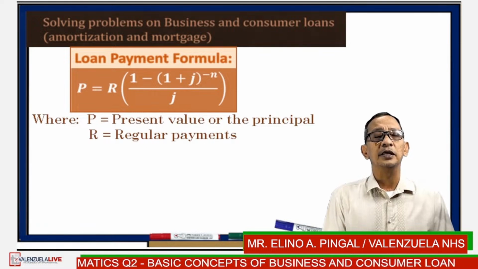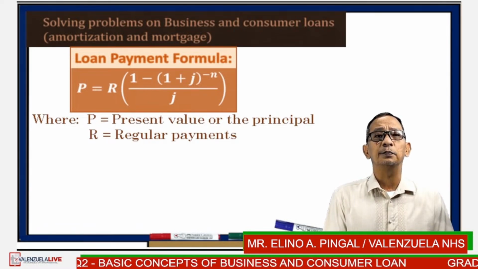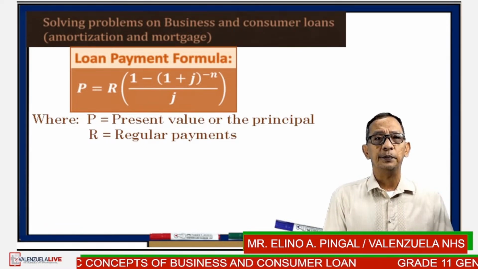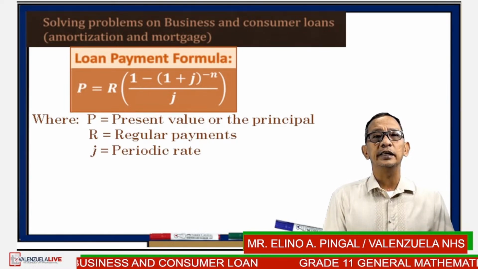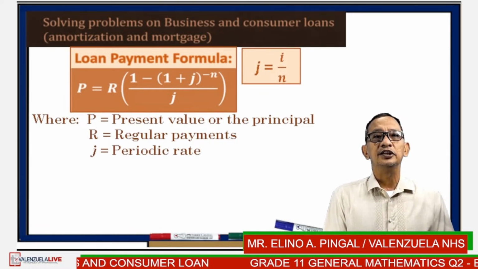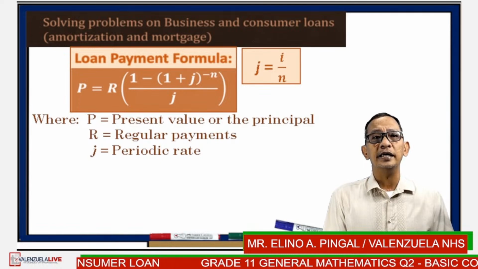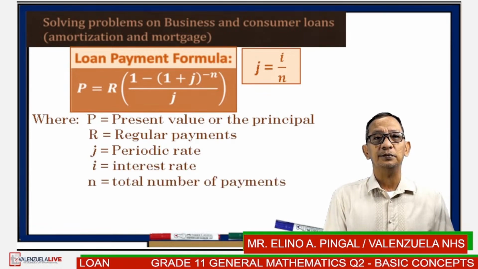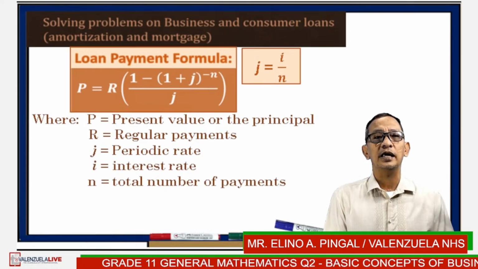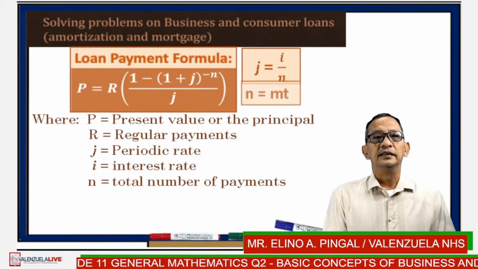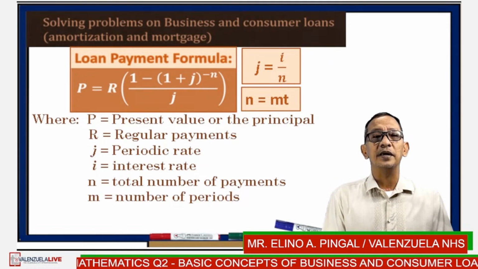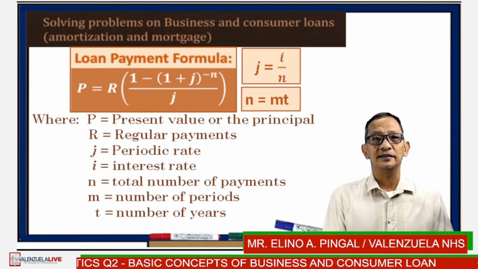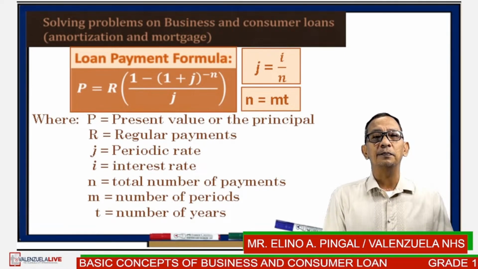Now let's have the nomenclature where P is equal to present value or the principal, R the regular payments, J the periodic rate, J is equal to I over M, where I is the interest rate per annum and N is the total number of payments, where N is equal to MT. And what is M? M is the number of periods and T the number of years.